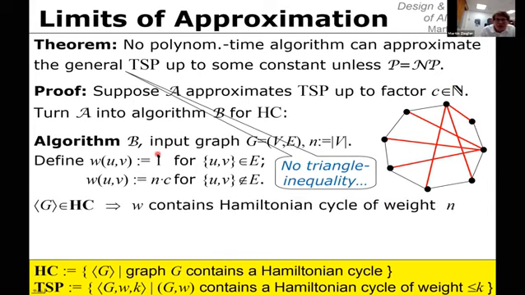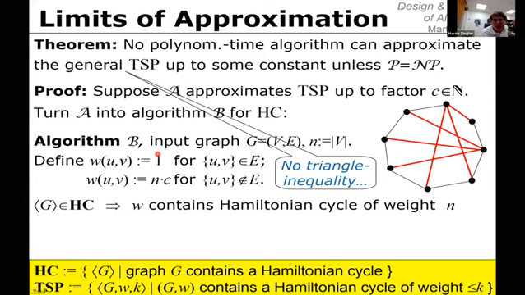Now, if the original graph does contain a Hamiltonian cycle, then so does the modified graph, but actually the modified graph will contain a Hamiltonian cycle, a traveling salesman tour, which is kind of cheap, namely it will cost at most n. Why is that so?